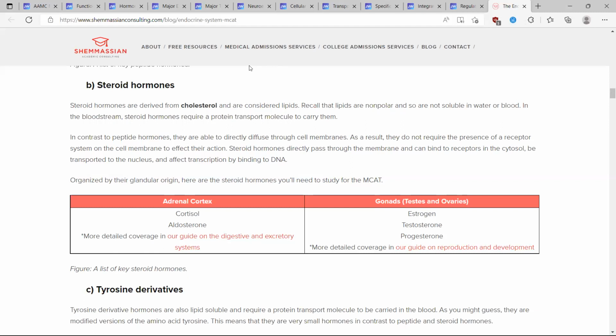Now obviously, if we bring up the example that we had before with the cell membrane, if this is now a steroid hormone, do you think that this hormone will attach to a cell receptor or will it go inside of the cell? Because the membrane is nonpolar and the hormone is nonpolar, would it like to stay outside or go into the cell?